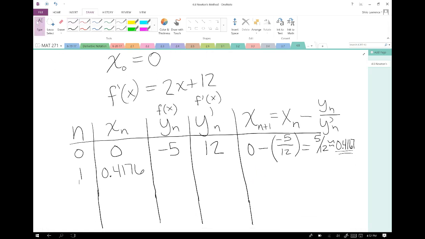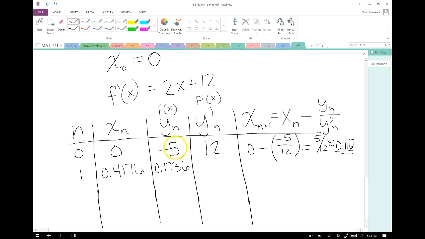And we're going to start getting some really weird decimals. It's a crazy fraction. I'm just going to go ahead and put the decimals. I get 0.1736. Now, these y values are really important because if we're looking for the x-intercept, the x-intercept is when y is 0.